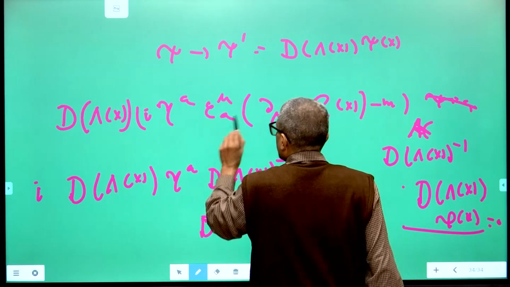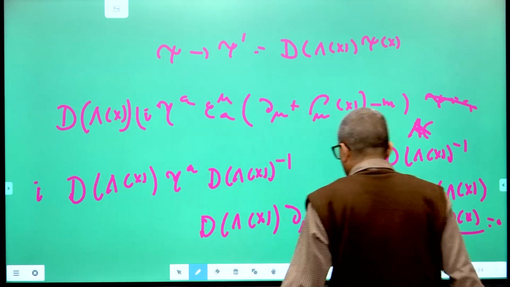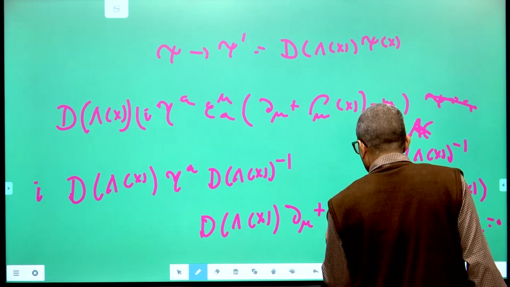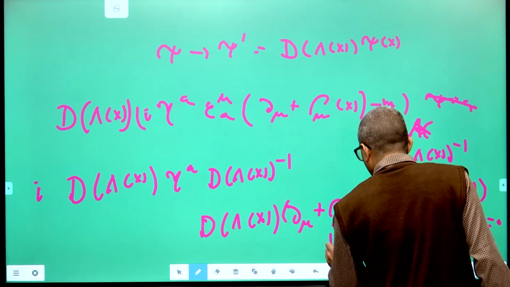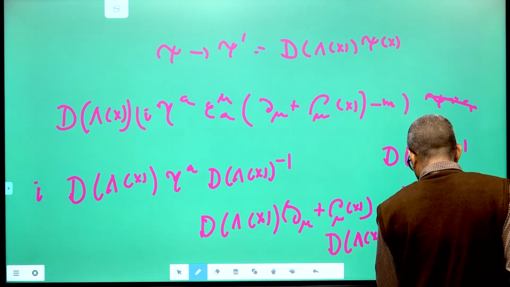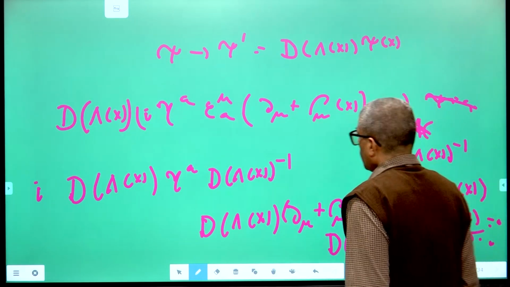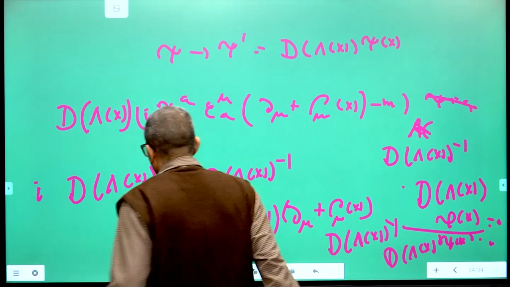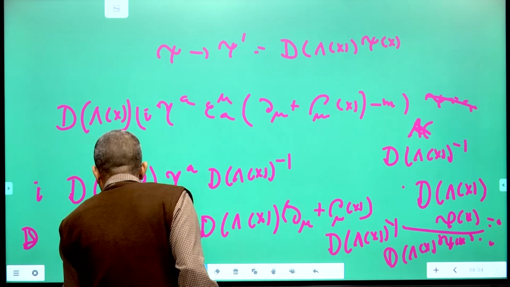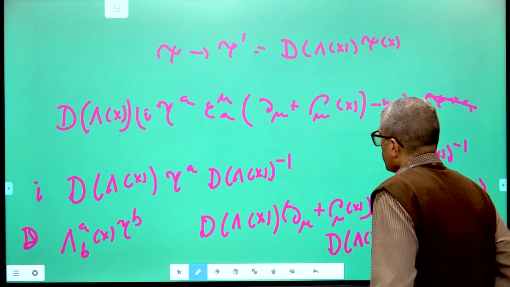E mu A is a scalar, a set of functions, so I can bring the D lambda here acting on gamma A in the adjoint representation, and here you have D lambda x dou mu plus gamma mu x multiplied by D lambda x inverse multiplied by D lambda psi x, this is 0. Now you see D lambda x gamma A D lambda x inverse, you have already noted that this will give you lambda A b x gamma b, where lambda is the local Lorentz transformation. So this transforms in the right way.